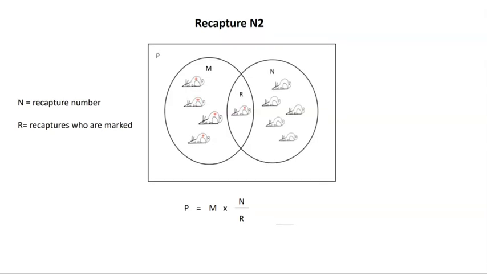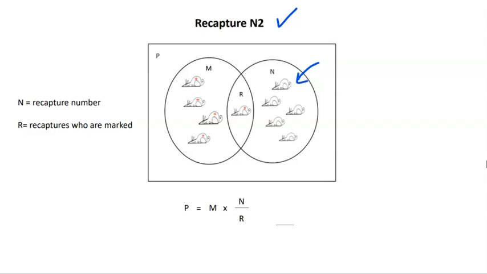Having captured and marked, after a given period of time, then we would go to what's known as the recapture stage. And in my sample here, that's this group within this set here.